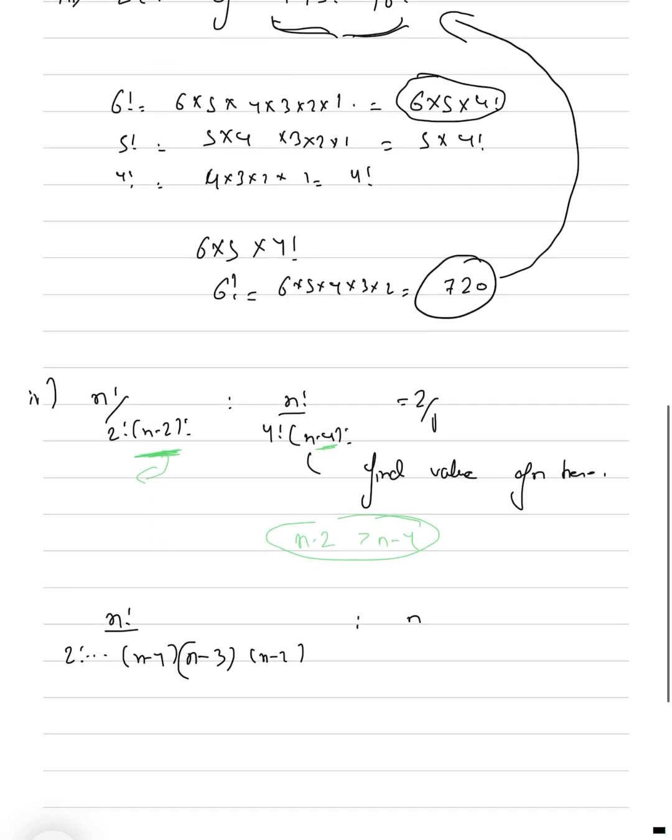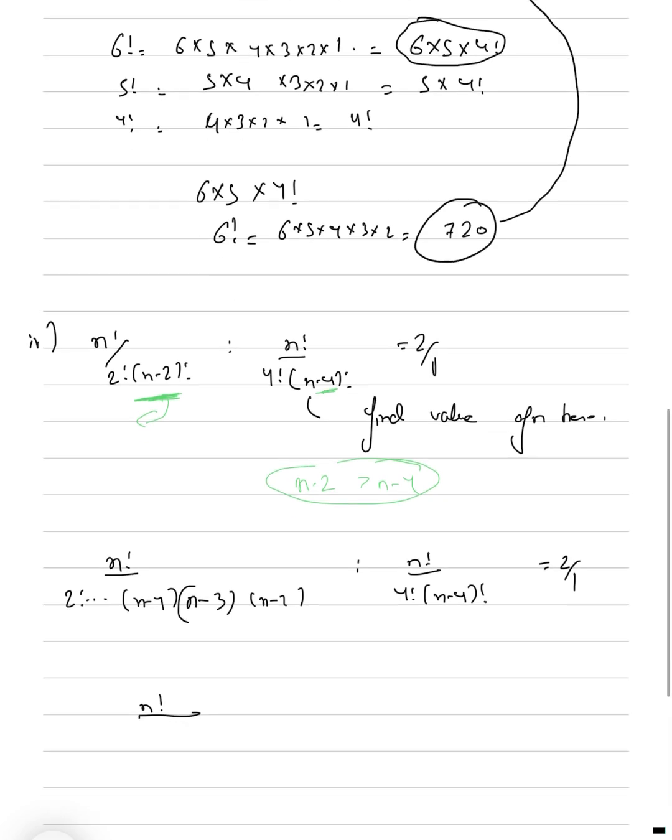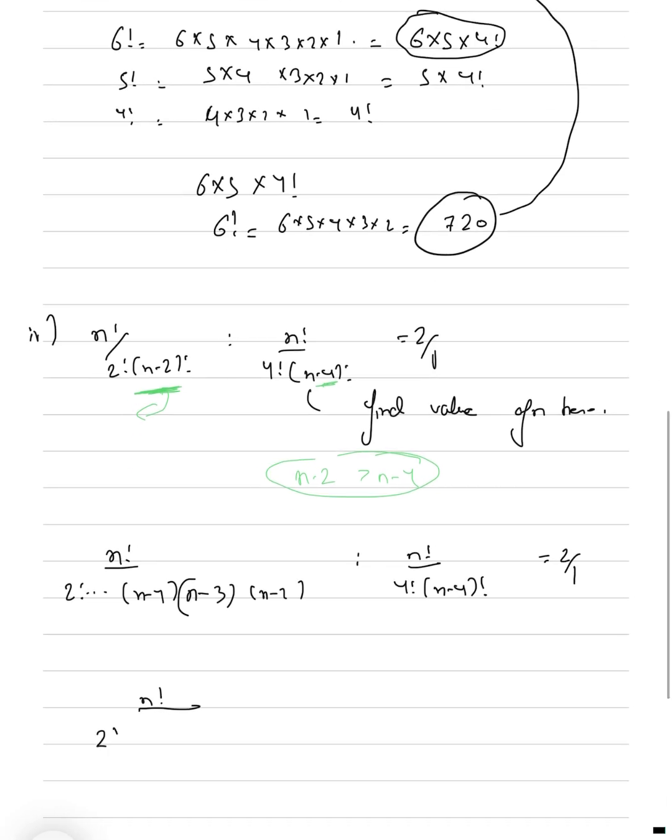So it is 2 factorial n upon factorial 4, n minus 4 factorial is equal to 2 is to 1. So I can clearly write here factorial n upon factorial 2, n minus 4 factorial, because there is going to be a continued process here. We are going to get n minus 5, n minus 6, and then so on. So I can clearly replace it by this.